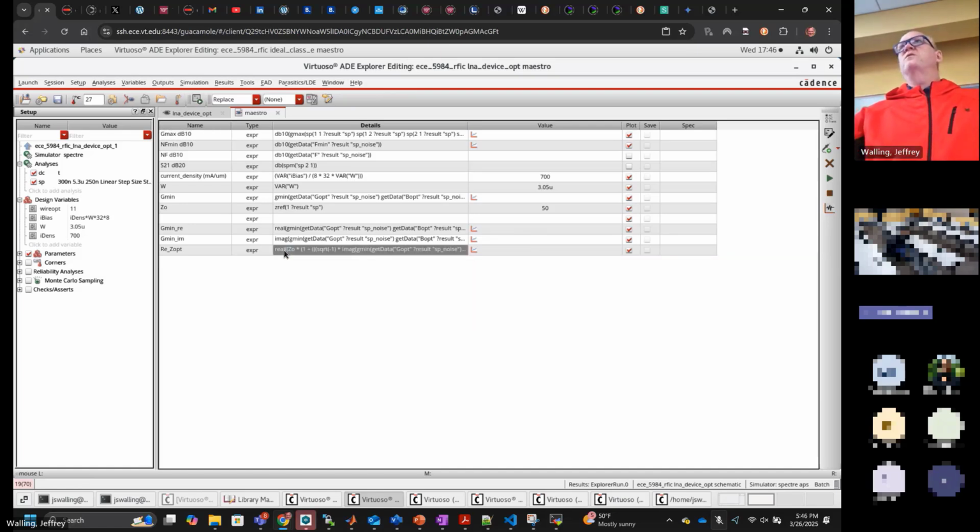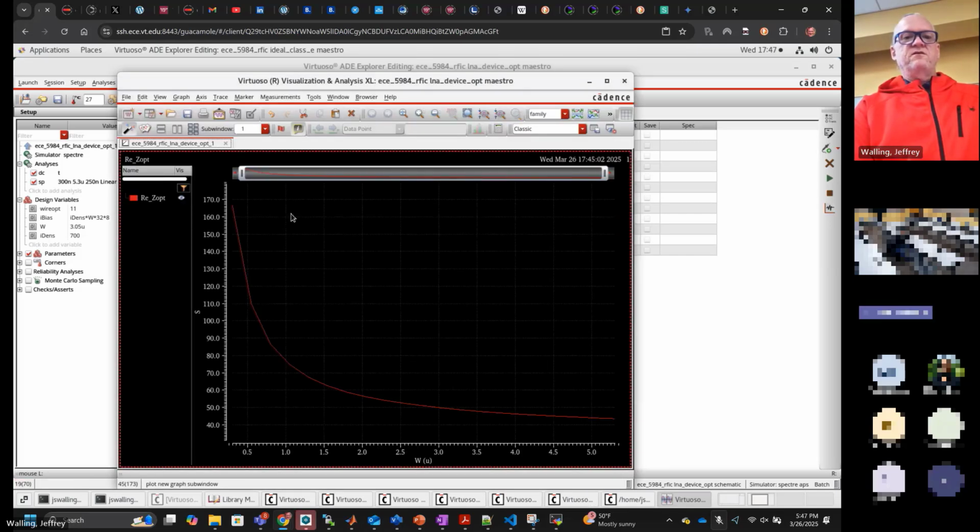So this is basically (1 plus gamma) over (1 minus gamma) times Z naught, and then I take the real part of that, and that gives me the real part of the impedance. If we plot this, now you can see that it crosses 50 ohms somewhere right around 3.05, hopefully, because that's what the Smith chart is telling us.